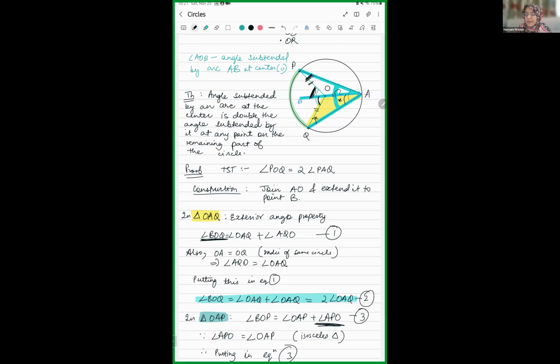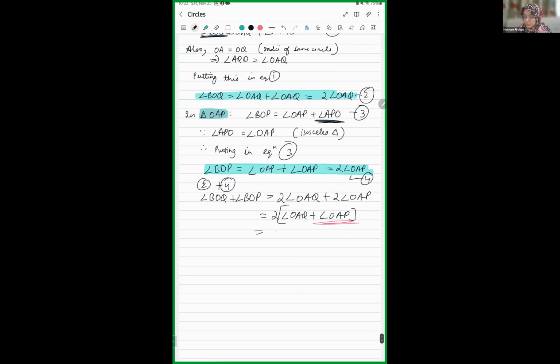No. When we add these two angles, angle PAO and angle OAQ, we get angle PAQ, the angle subtended by the arc, the green arc over here, at the point A. So twice of this thing plus this thing is angle PAQ.